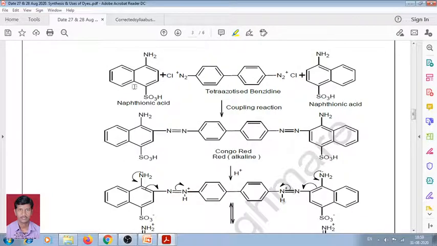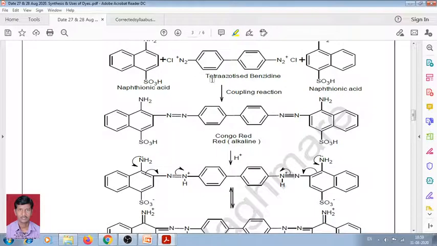this is the structure of the naphthalene ring. It has an SO3H functional group, that's why it is acidic, and there is an amino functional group. Therefore, it is naphthionic acid. This 2 moles of naphthionic acid reacts with 1 mole of tetraazotized benzene.